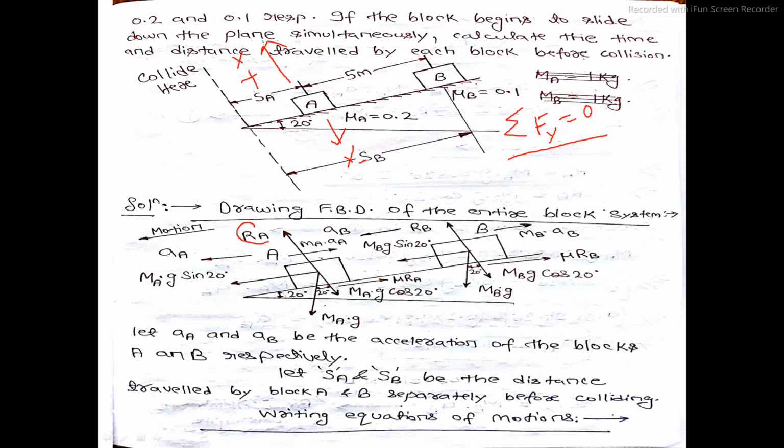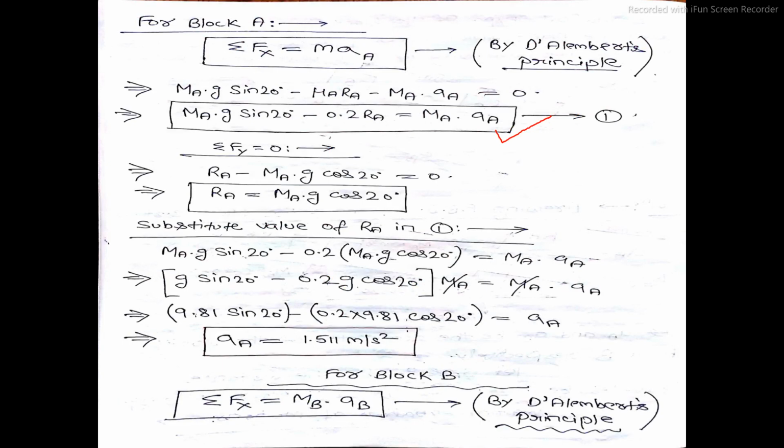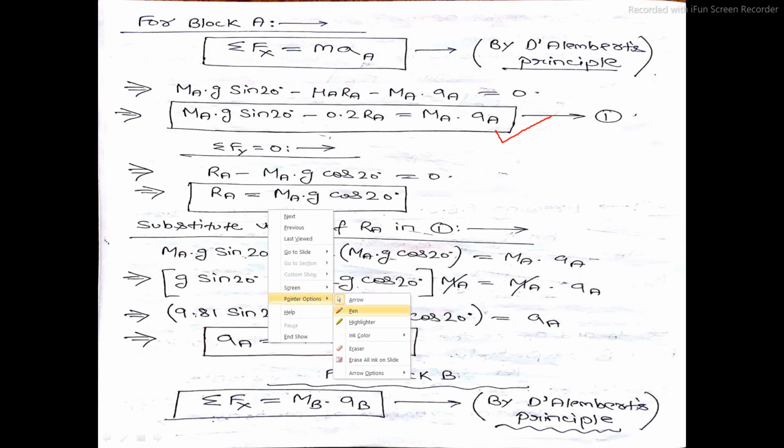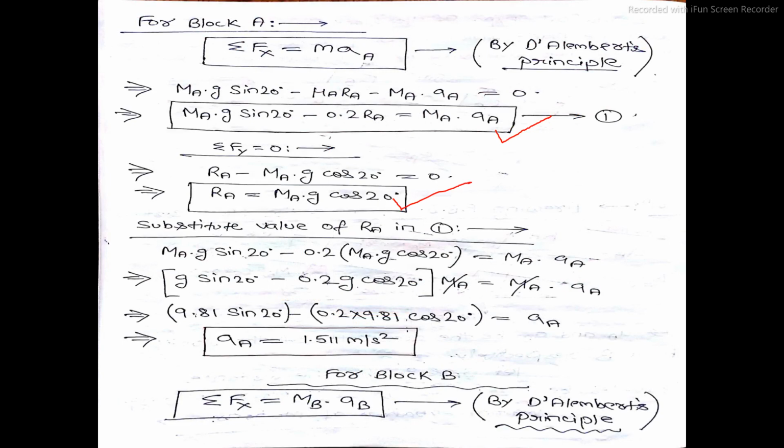So equation will be Ra acting in positive y direction minus mag cos 20 acting in negative y direction. No other forces are present along y direction, so it will be equal to 0. Or if you take mag cos 20 in the right hand side, you will get Ra is equal to mag cos 20. That is this equation.